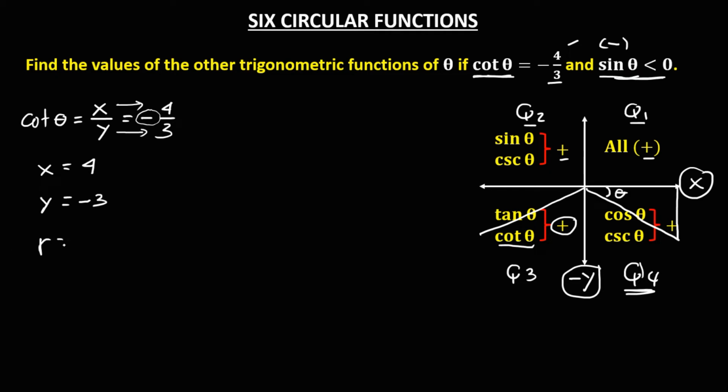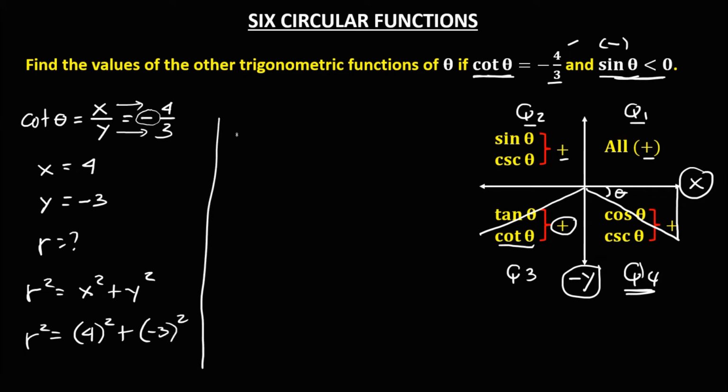Then to solve for r, using the Pythagorean theorem, r squared is equal to x squared plus y squared. Then we have r squared equals 4 to the power 2 plus -3 to the power 2. Then simplify: 4 to the power 2 is 16, plus -3 to the power 2, that's +9.